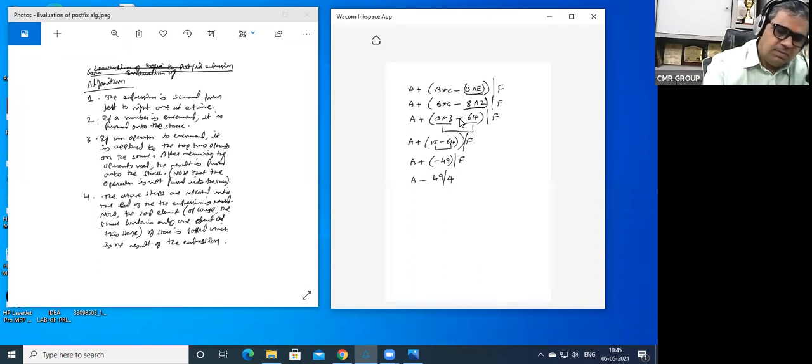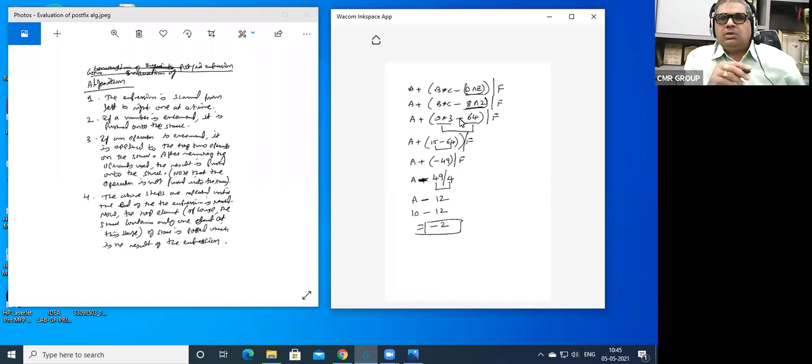So 49 by 4 is evaluated, which gives 12. Now a is 10, so 10 minus 12 is equal to minus 2. This is the value when you have evaluated.